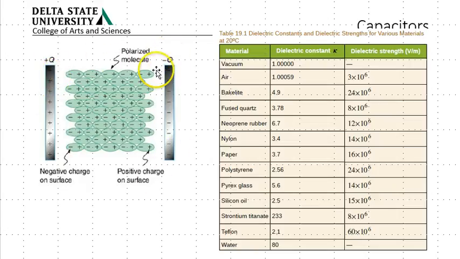But none of these charges are free to leave the material. They're stuck to it. They're not going to come off until you hit the breakdown voltage or breakdown strength. And this is why it increases the amount of charge we can put on the plates.